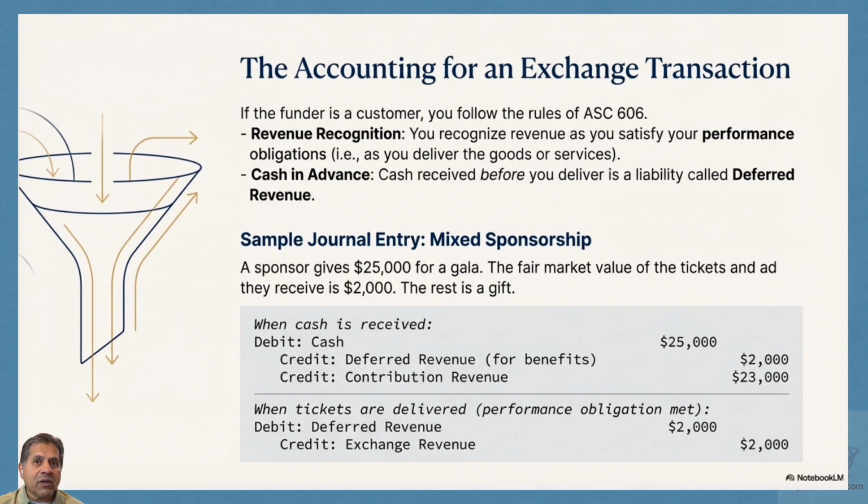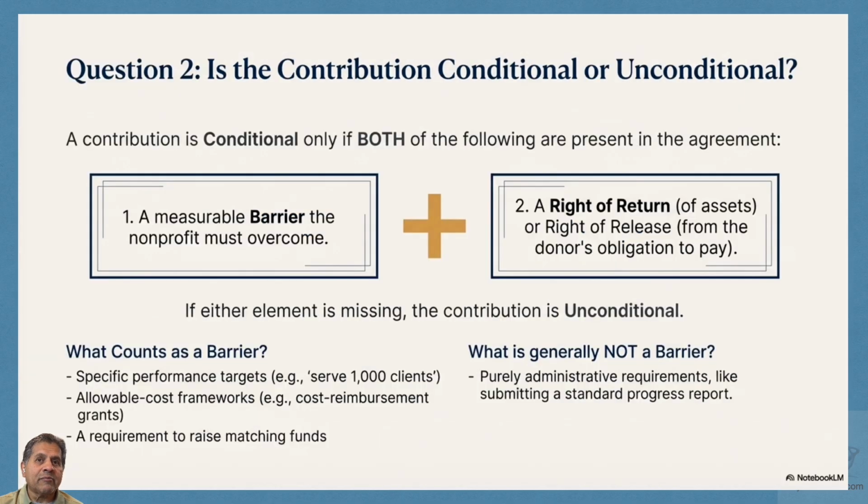They get $2,000 worth of dinner tickets and ads. You must split this entry. The $2,000 is deferred revenue, a liability, until the gala happens. The $23,000 is contribution revenue recognized immediately. Now don't book the whole $25,000 to event income. The IRS and your auditors will flag that immediately.